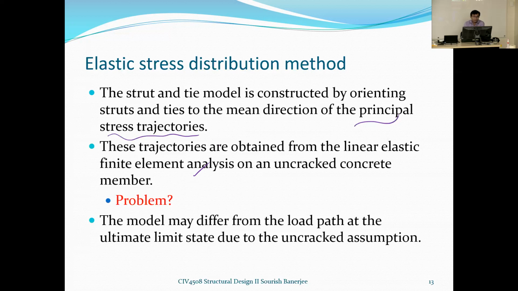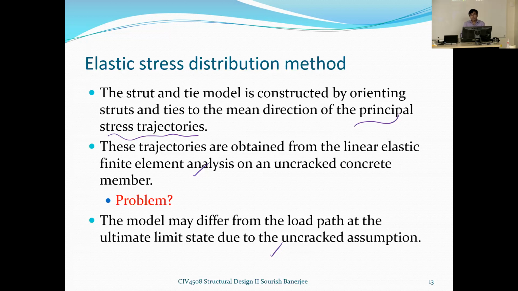Now, what is the problem? The problem is the model may differ from the load path at the ultimate limit state due to the uncracked assumption, because we are analyzing for an uncracked scenario, but after that the cracks will appear. So there will be a change in the model. This sometimes becomes tricky. So what people sometimes do is develop different models, one for serviceability and one for strength.